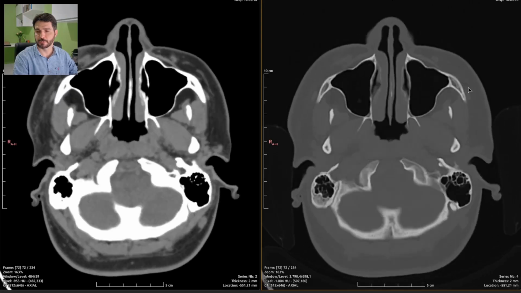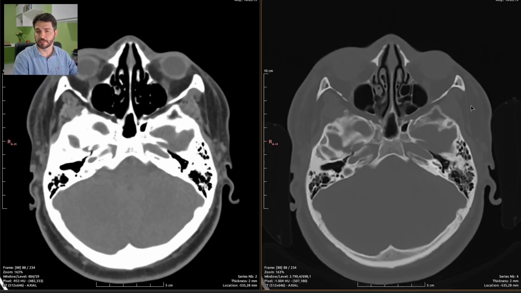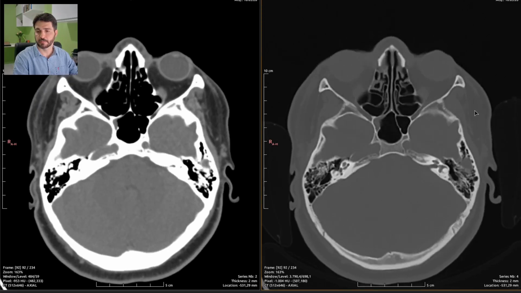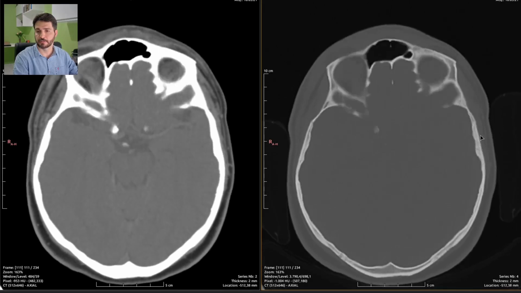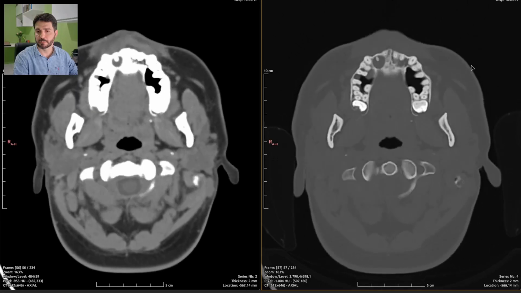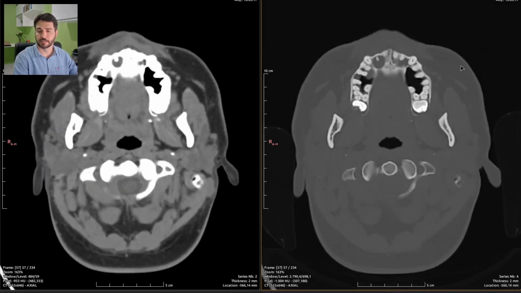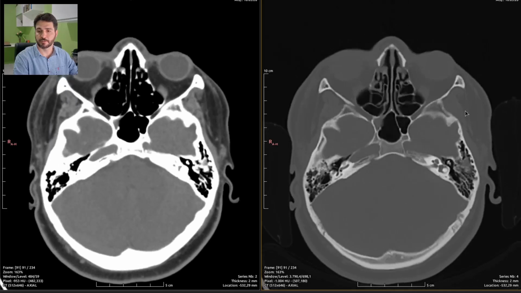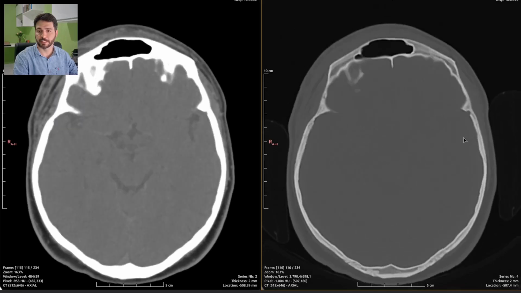Temporal bones and temporomandibular joints also are okay. Carotid canals are fine. Really can't see any sign of skull base fracture, so I guess this was just a false flag, a false alarm. This patient has no fracture.